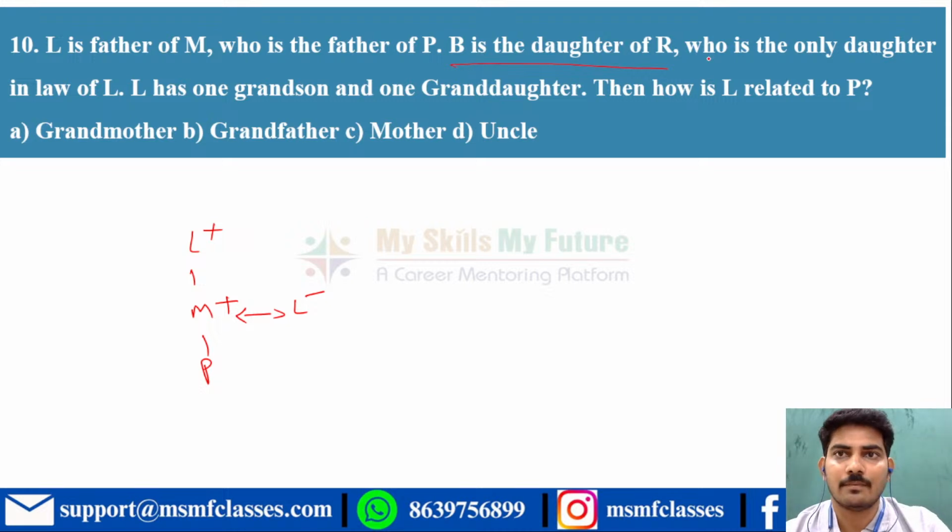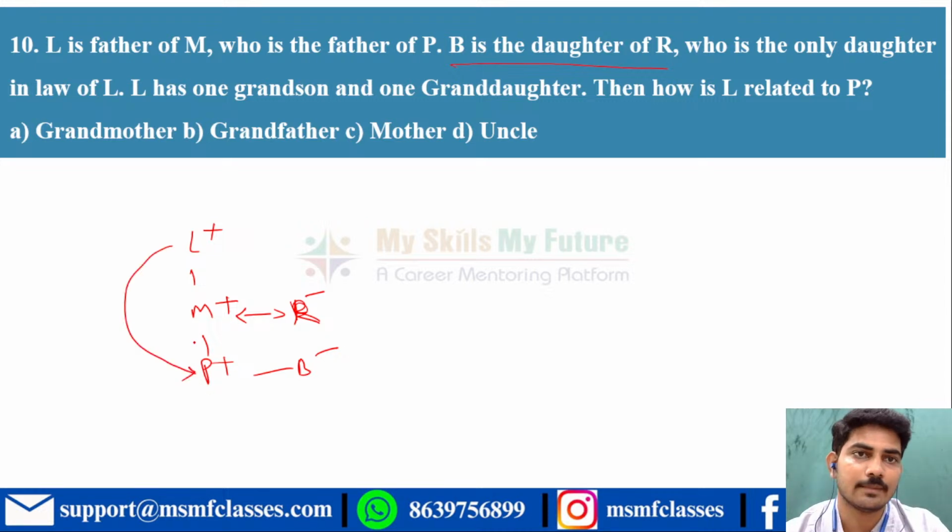B is the daughter of R, and R is the only daughter-in-law of L. Next, L has one grandson and one granddaughter. As B is already the granddaughter, P must be the grandson. Then how is L related to P? L will be the grandfather of P. So option B will be the correct one.